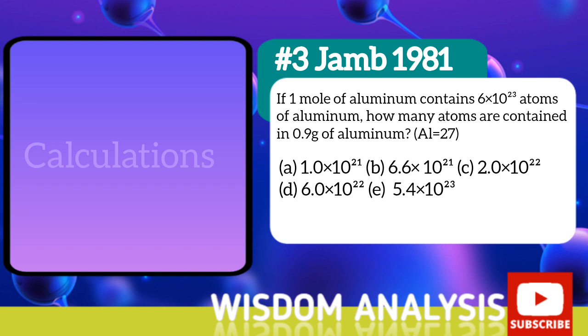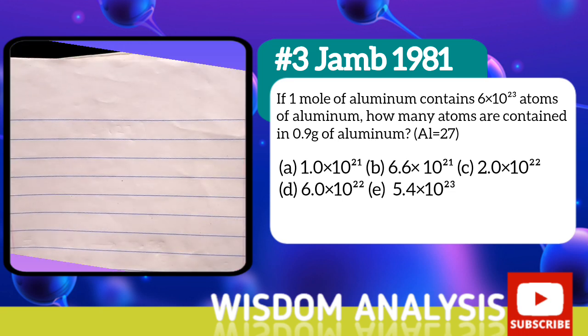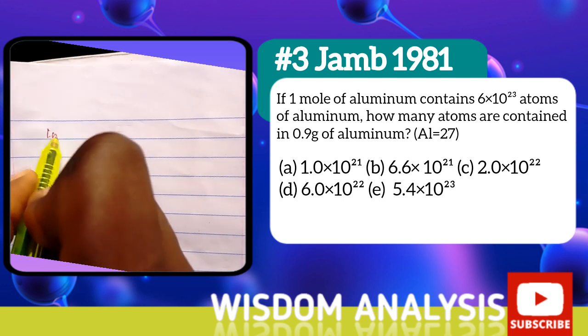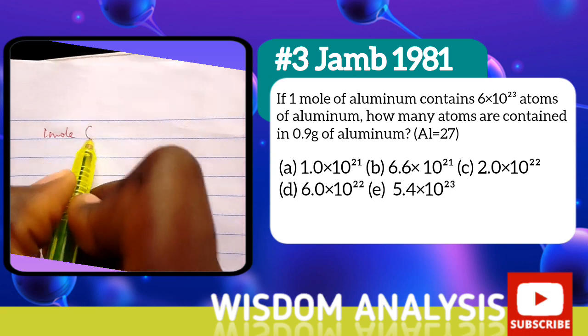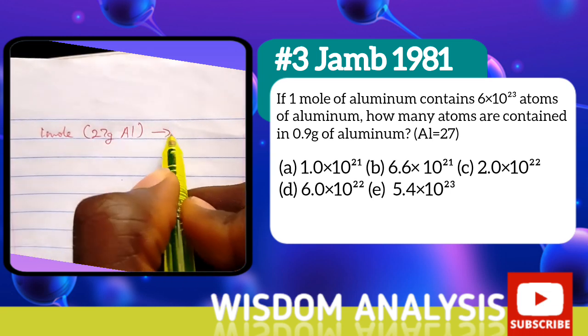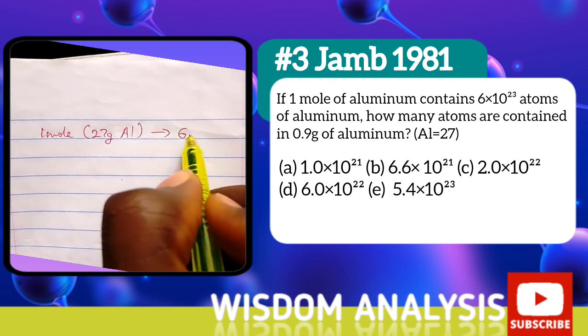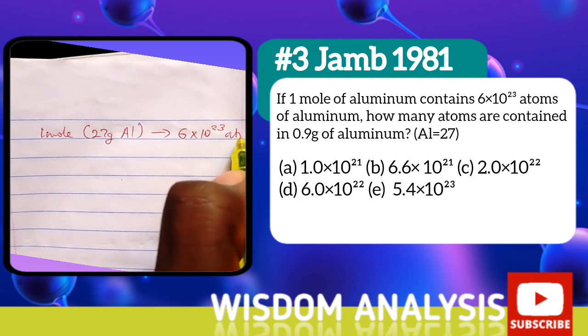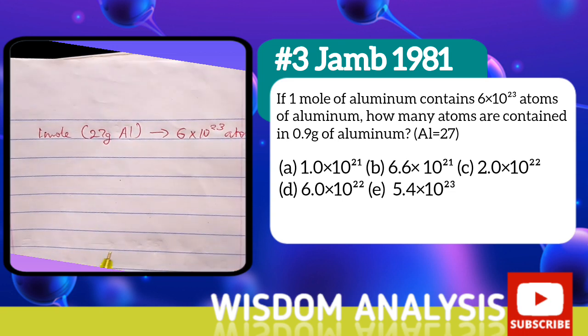We are just going to use the information given, and with normal mathematical methods we will be able to calculate it. We're told that 1 mole, which is 27 gram of aluminium, gave us 6 times 10 raised to the power 23 atoms.